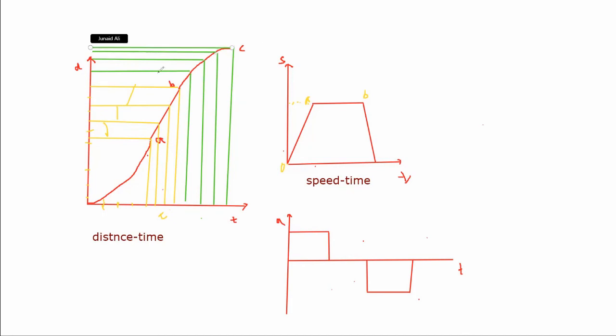As you can see, in the first part the distance covered is the greatest, exactly opposite to the trend from 0 to A, where the distance covered in the first part was least. But in this case the distance covered in the initial part was the greatest, and in the final part it was the least or the minimum. So the amount of distance the car covered in each interval of time was decreasing.